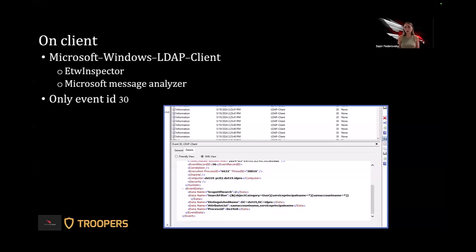Maybe it's only in my environment, I'm not sure. You can see the search filter here. Again, quite nice, a really good start, because this will also show you the decrypted LDAP traffic. It's quite a good thing to start with, but you won't be able to see ADWS using this provider.